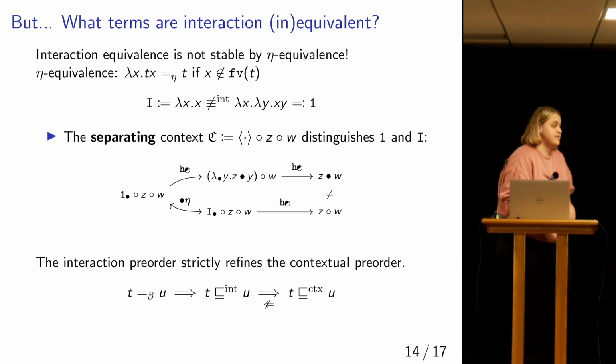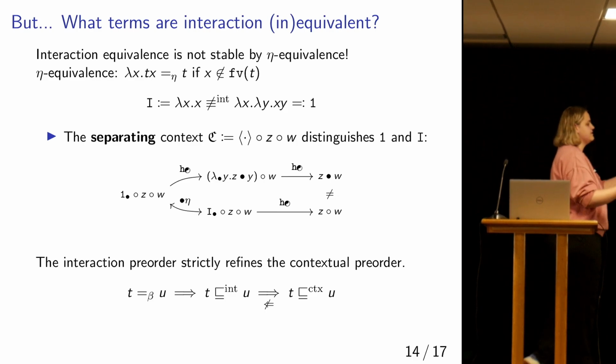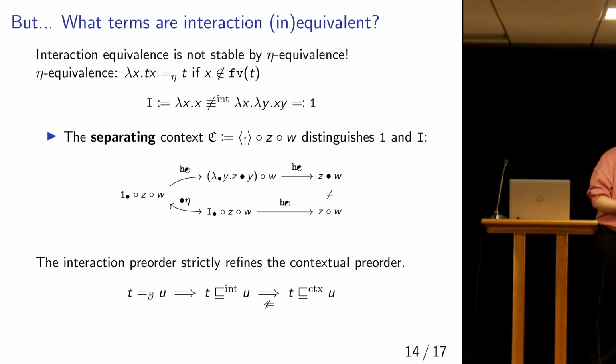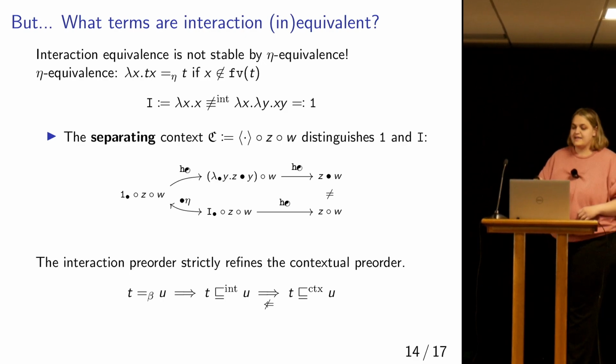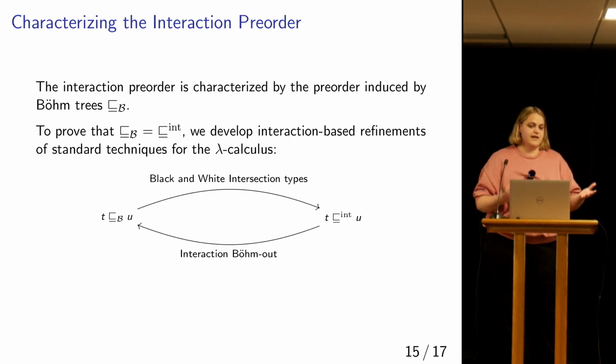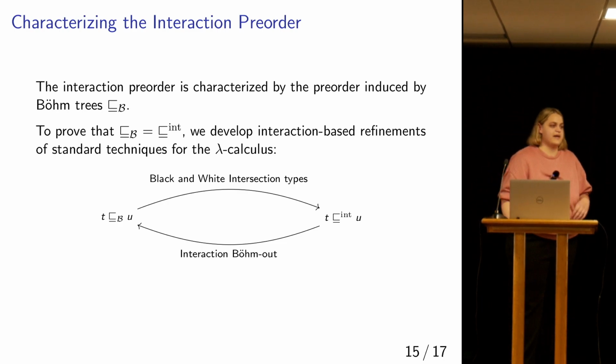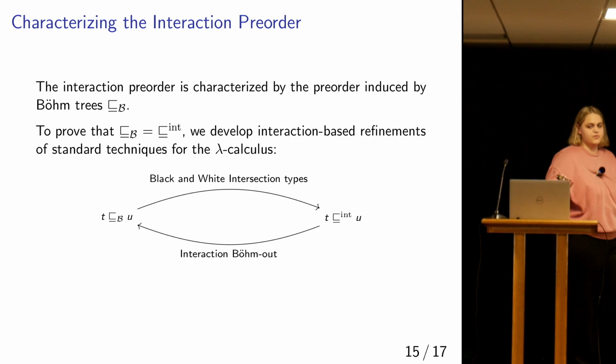So this means that the interaction preorder or the interaction equivalence strictly refines its contextual counterpart. So we are between beta equivalence and contextual equivalence, the contextual preorder. We can actually do better. We can characterize exactly the interaction preorder by the preorder induced by Böhm trees.